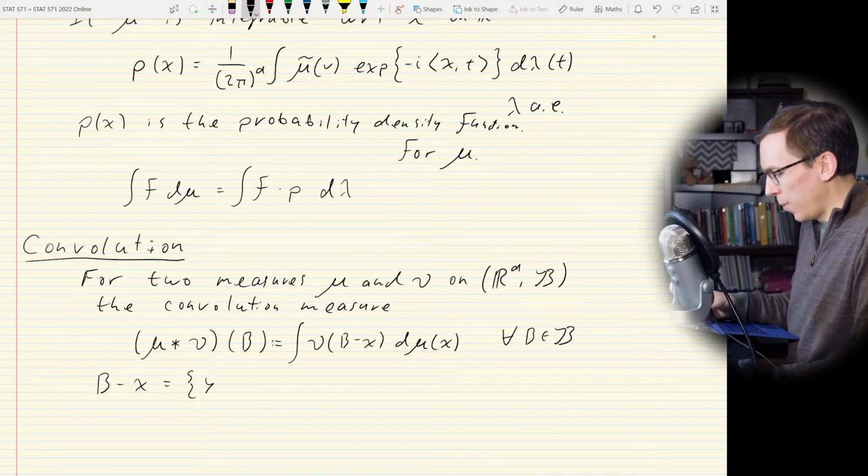So this is all of the y values in R^d such that y plus x is in B.